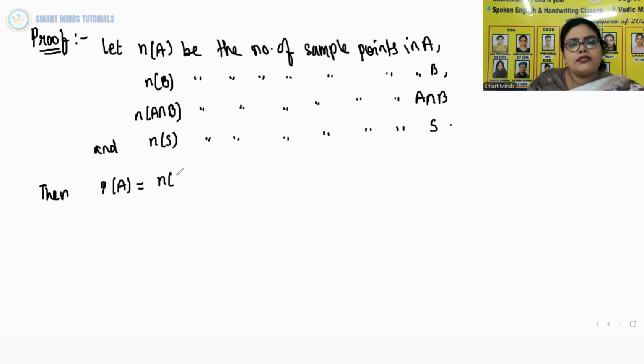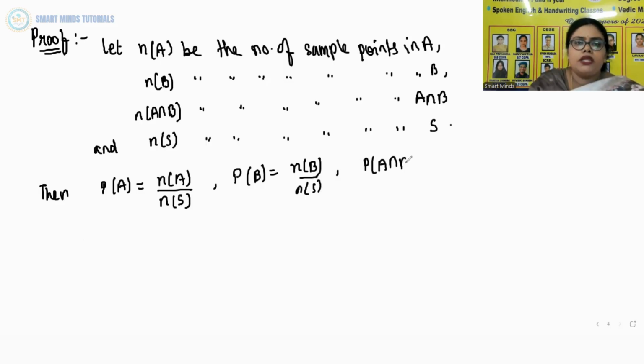P of A is number of favorable outcomes by total number of outcomes. So that is N of A by N of S. P of B can be written as N of B by N of S. P of A intersection B can be written as N of A intersection B by N of S.